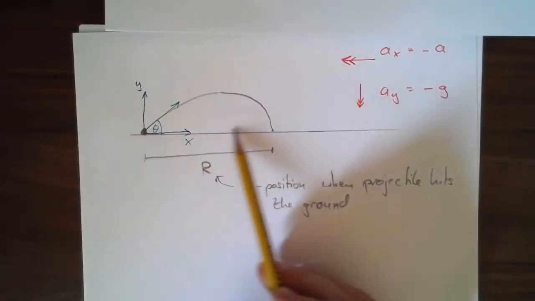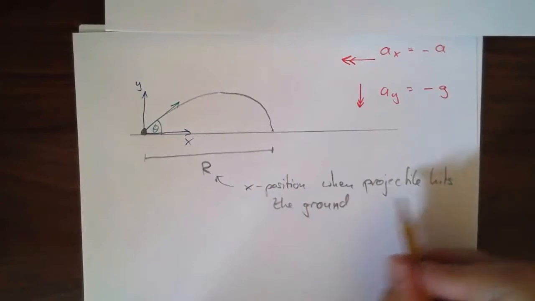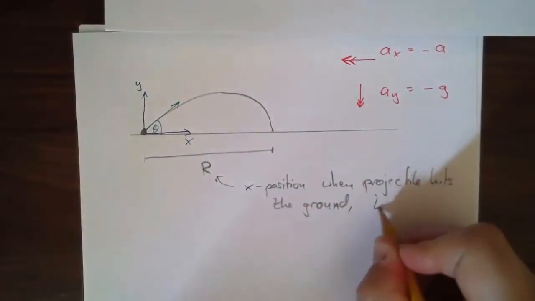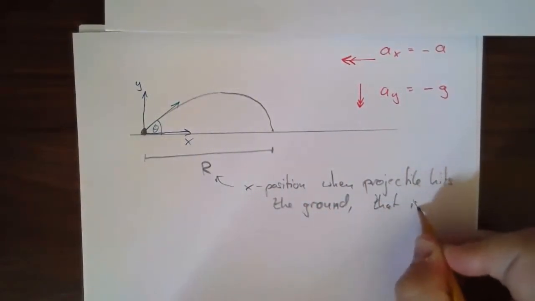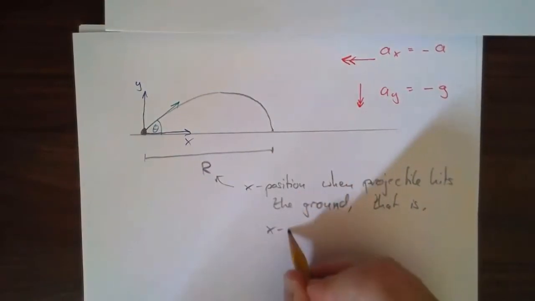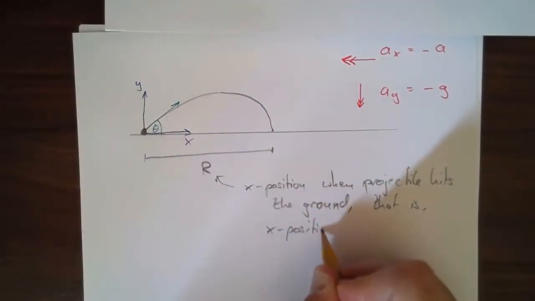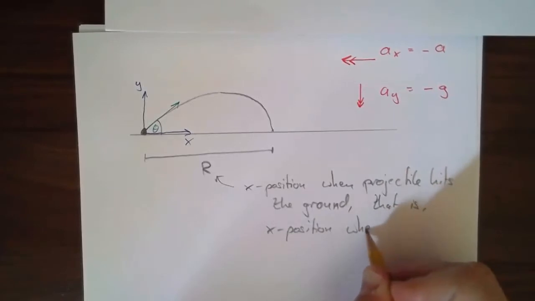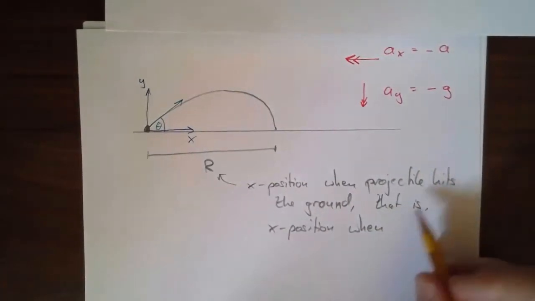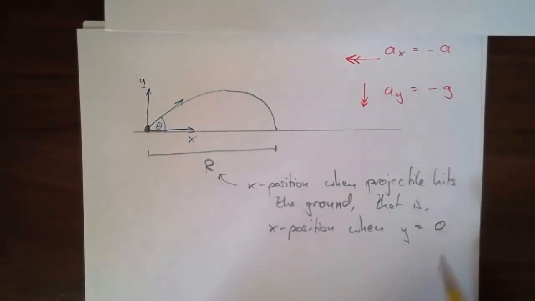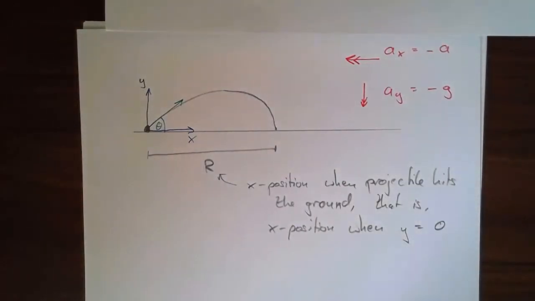Because y equals 0 is the ground. So the range is the x position when y equals 0. Right, so that's it.